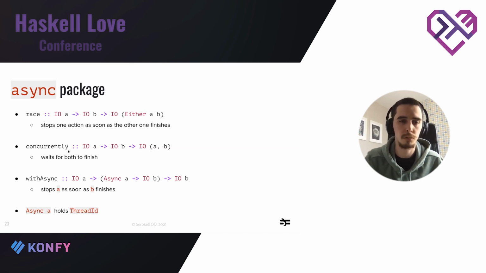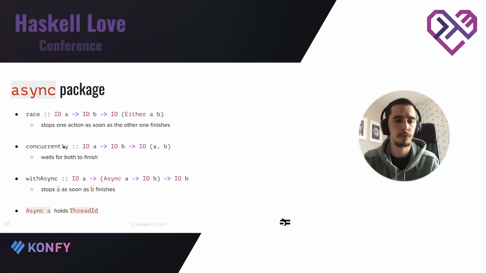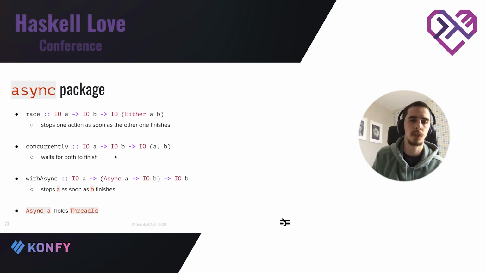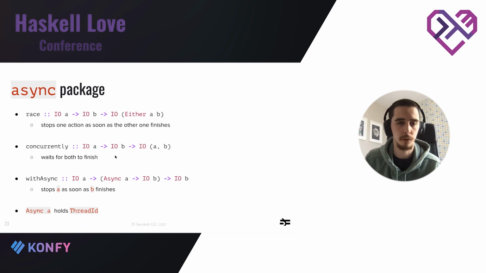Both of them run two actions in two separate threads. Race waits for one of them to finish and then forcefully stops the other one, and concurrently waits for both to finish. Importantly, both of these functions propagate exceptions from the child thread to the parent thread. So if IO_A throws an exception, IO_B will be stopped and the whole computation will throw an exception.